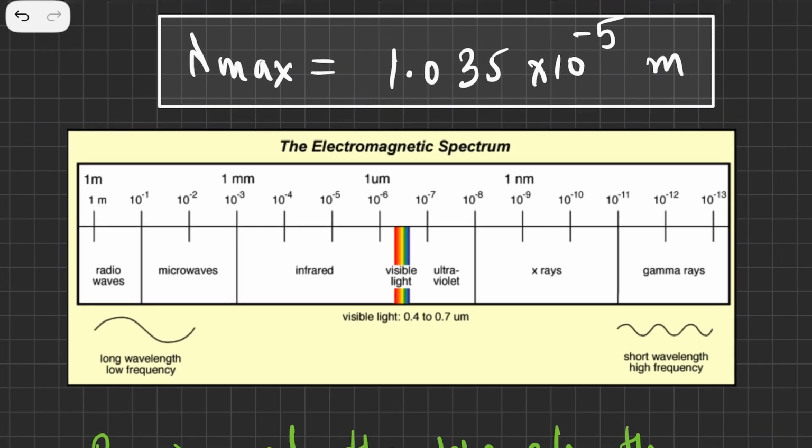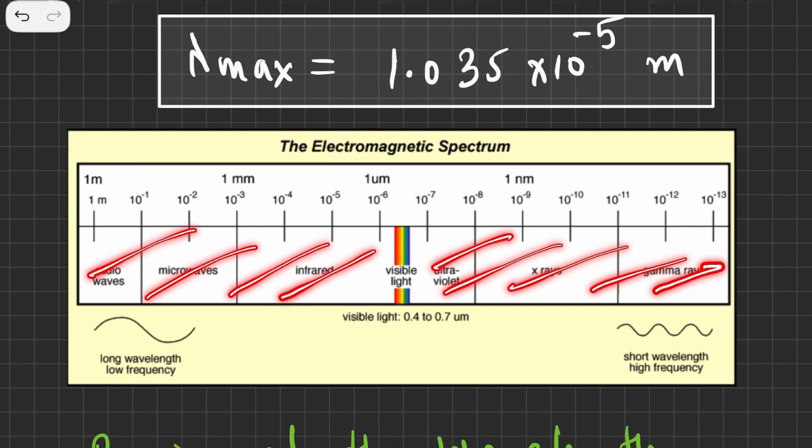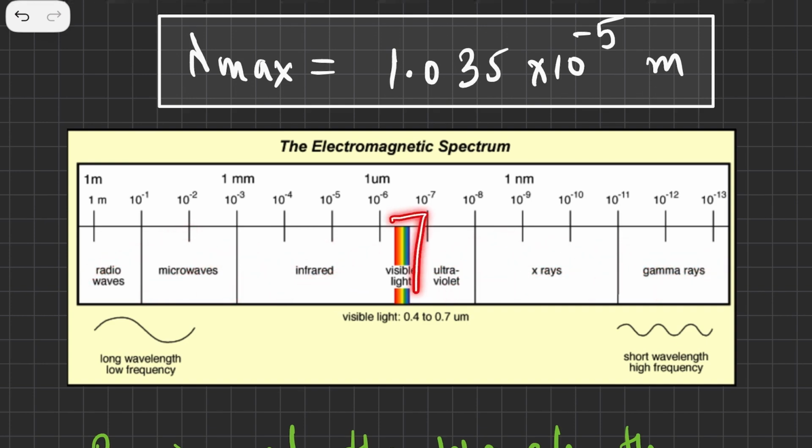Our normal eye is only able to see these colors of light, that is the visible light. The rest, like this part and this part, is not visible to the normal eye. For detecting those rays, we need special detectors. However, our eyes are more suitable for these 7 colors of visible light.